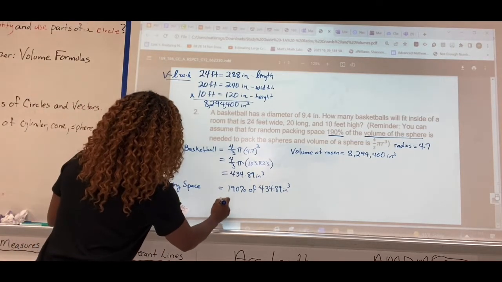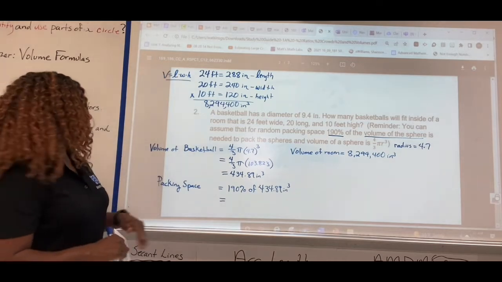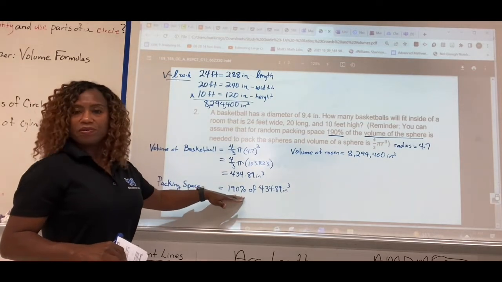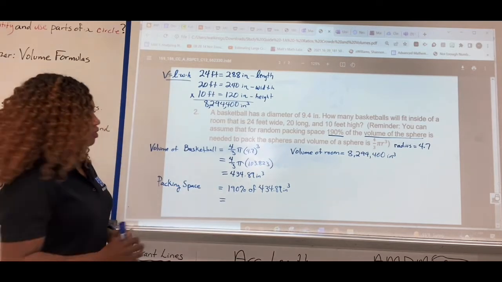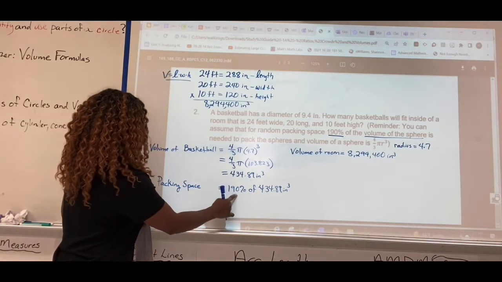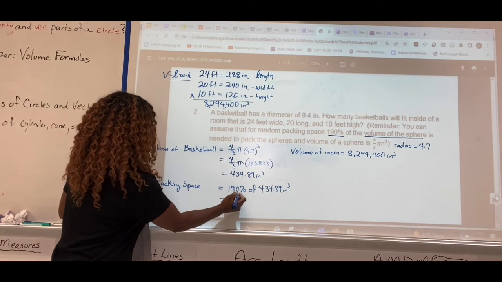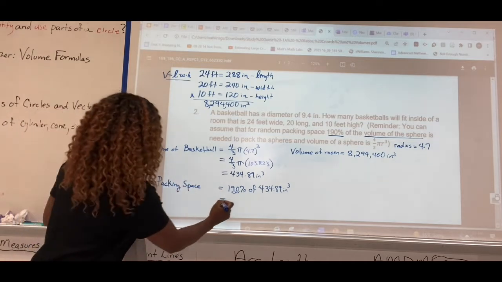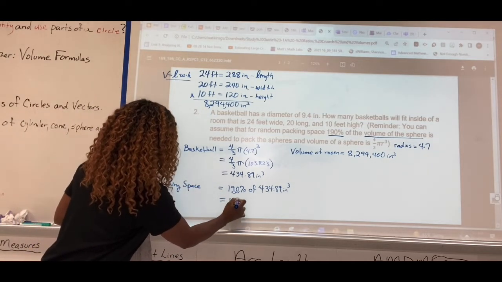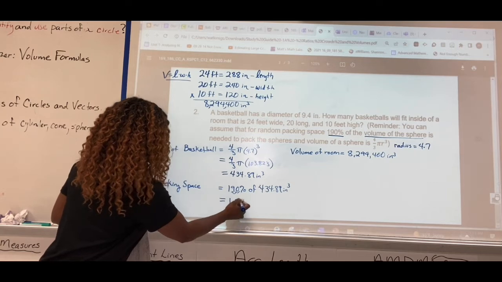So before I actually do the math, I had to convert 190% into a decimal. How do we do that? Well, remember the shortcut method where you move the decimal point 2 places to the left? And the decimal point is always at the back of the number. So if I move it 2 places to the left, it will end up between the 1 and the 9. So I'm going to do 1.9. I can put the 0, or I can leave it off.